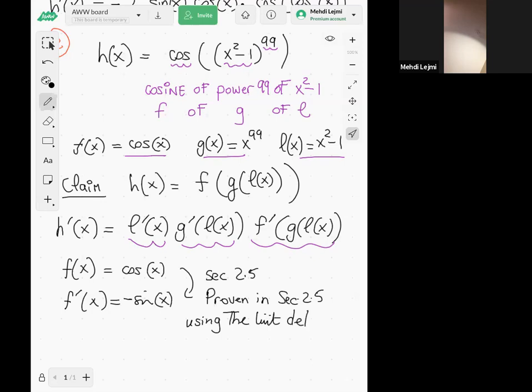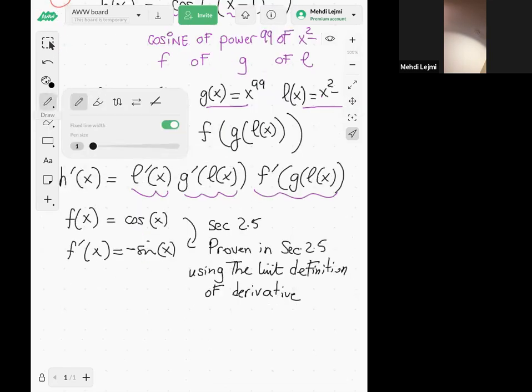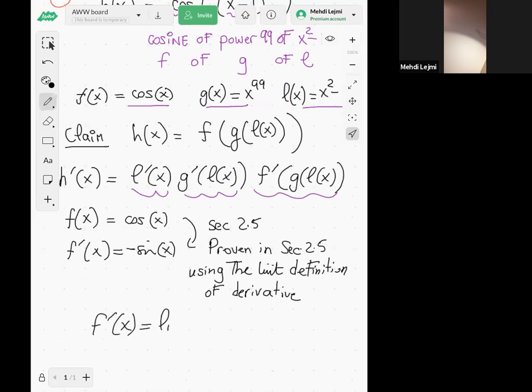Remember, we said the definition of derivative: f prime of x is the limit as h goes to 0 of f of x plus h, minus f of x, over h.